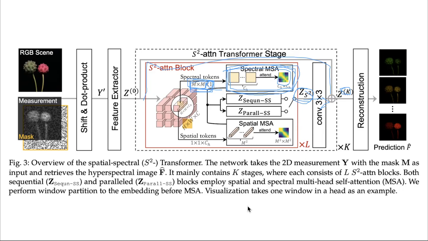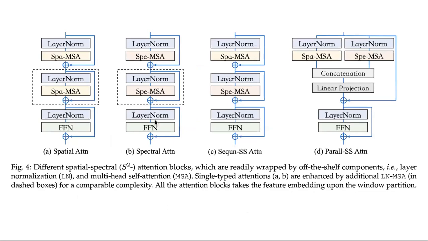Okay, I speak a little bit slowly because I'm trying to make sure I say correct things. And they try different attention blocks. The first one is spatial attention.